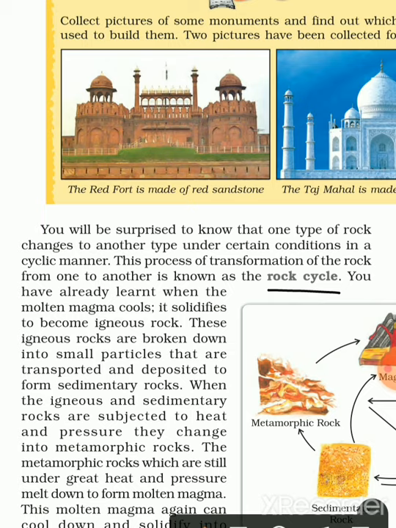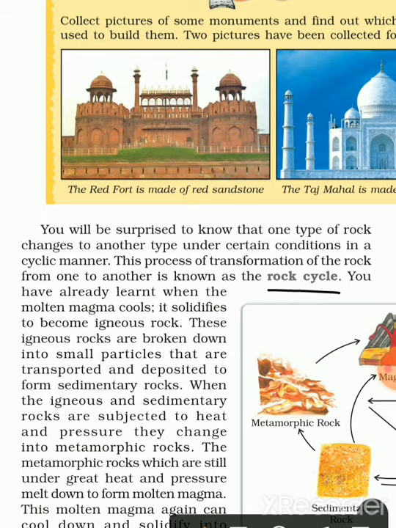Now you have already learned, when the molten magma cools, it solidifies to become igneous rock. These igneous rocks are broken down into small particles that are transported and deposited to form sedimentary rocks. Then the igneous and sedimentary rocks are subjected to heat and pressure. They change into metamorphic rocks.